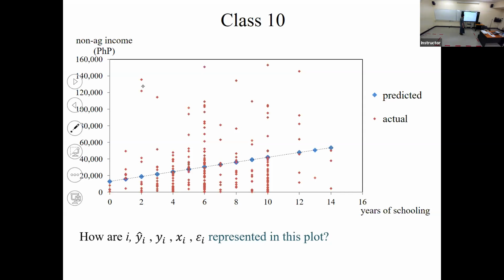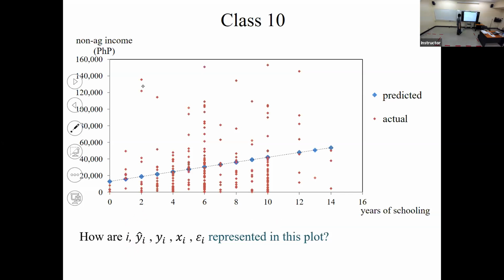So can you associate this graph with these values, these indicators? Y hat. Where is y hat in this graph? It's a line. It's this dotted line. So these values are y hat.